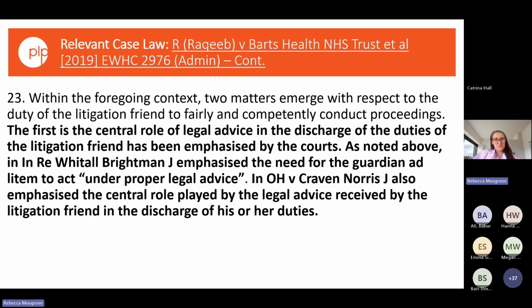But if you're getting to a point where, for example, the legal advice was that these just aren't realistic options and we can't advance a case for a placement which is just fanciful, then that would get into the realms of actually you can't act as litigation friend, because that's not just a case of disagreeing with you, that's about fundamentally not understanding the legal framework in which we're working.